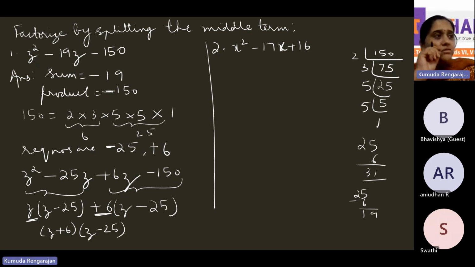Yeah, try the next one, children. Finished? Finished, Swati? Second one? Yes, ma'am. What are your factors? X minus 1 into X minus 16, ma'am. Correct. Completed, ma'am. Got the same thing, Bhavashya? Yes, ma'am.